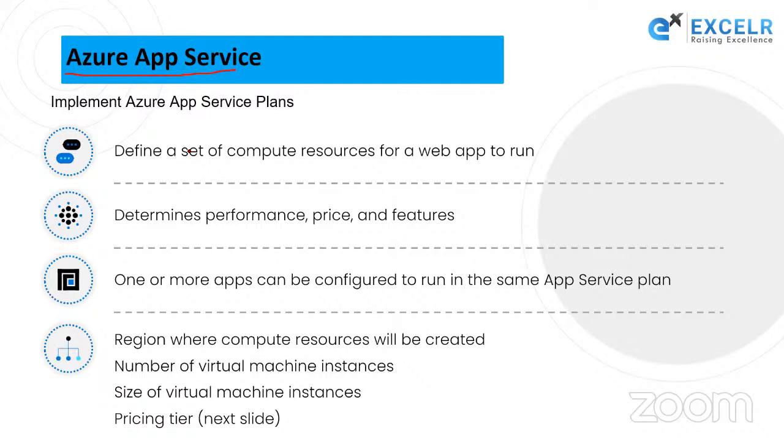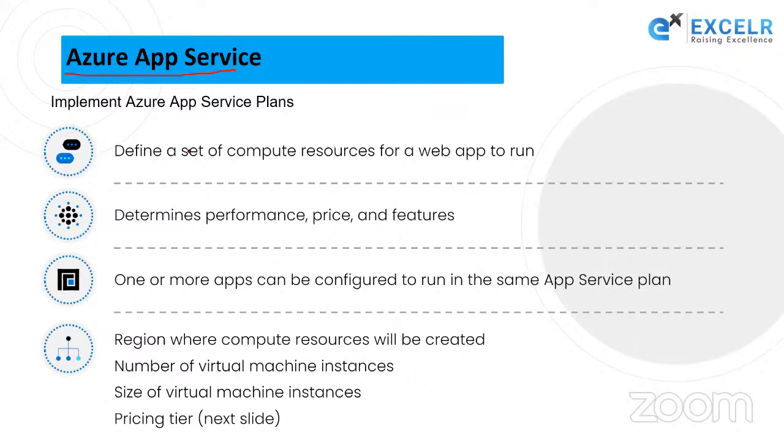All you have to do is bring your application to the app service, select the performance tier, the license tier, and the features that come along with that license. Then you can simply run your application without worrying about the underlying hardware. The underlying hardware given along with this PaaS service depends on your license. You can have one or more apps configured to run under the same service plan.